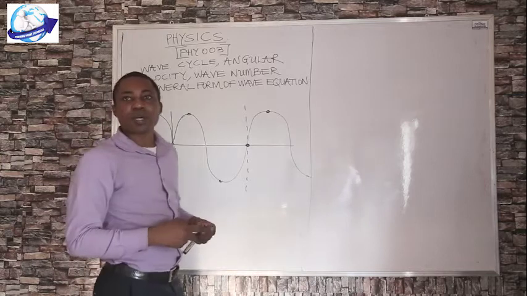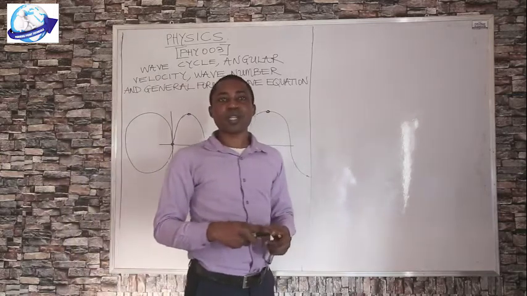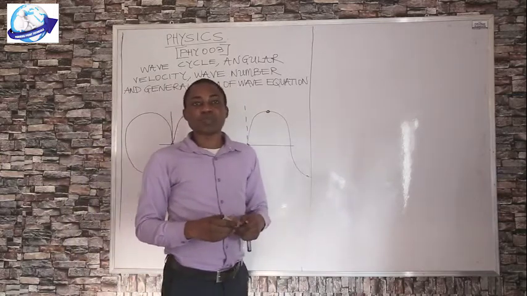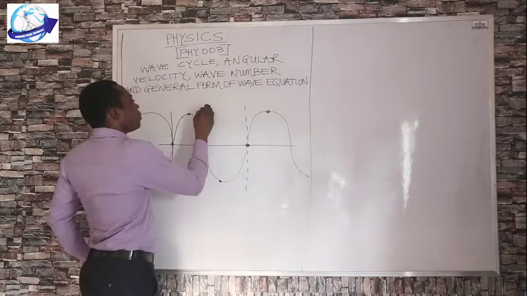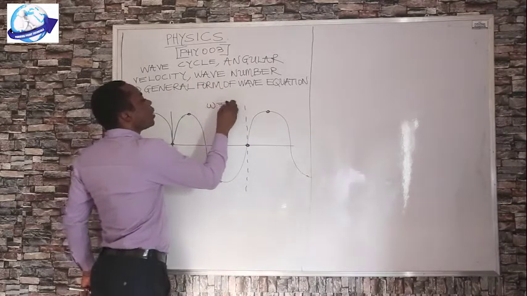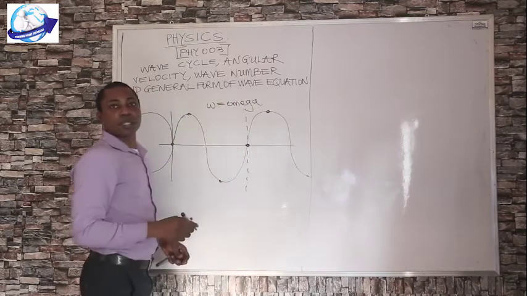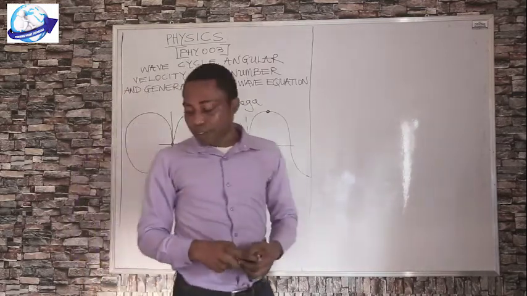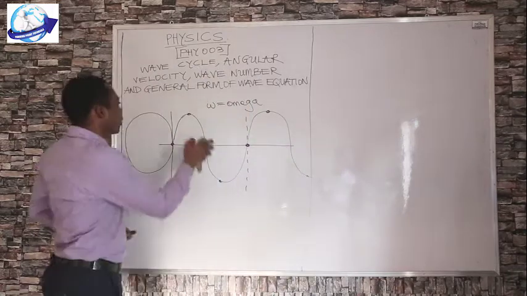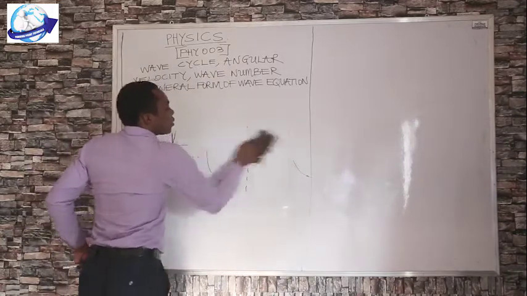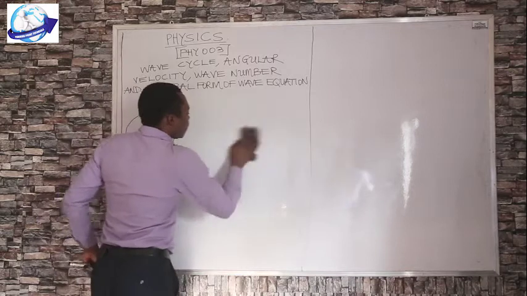Let's come back to another aspect here, which is very important, the angular velocity. It is represented by the symbol called omega. We use omega to represent the angular velocity. Let's look at it very well now. What should we know about the angular velocity?